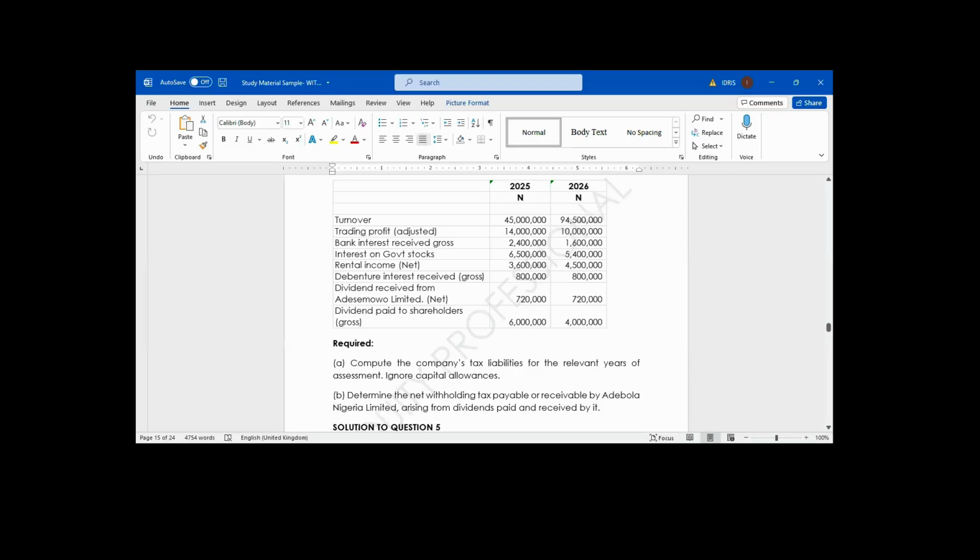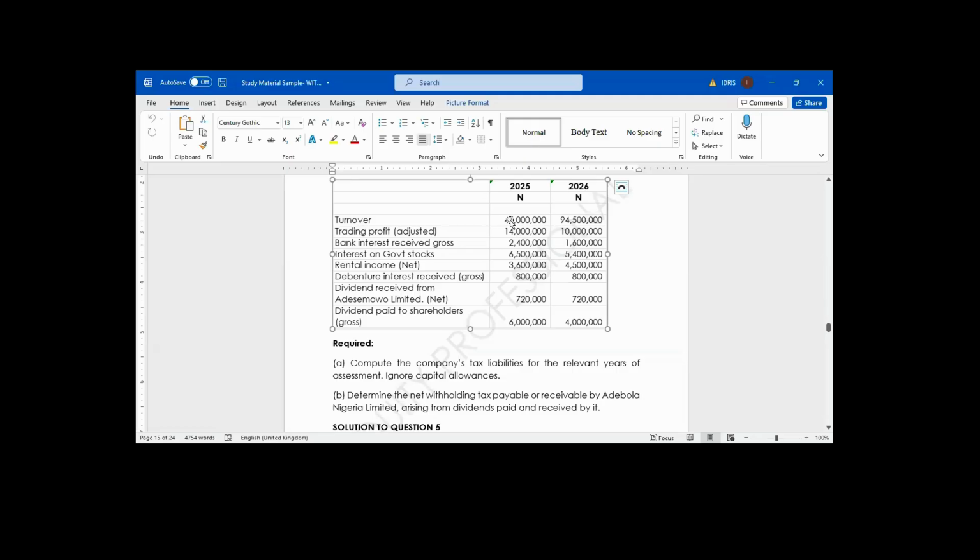Why? If we add the turnover plus any other income together, the turnover brings adjusted profits.